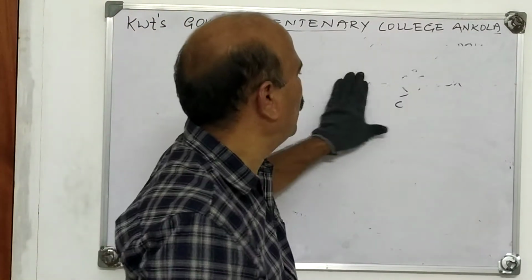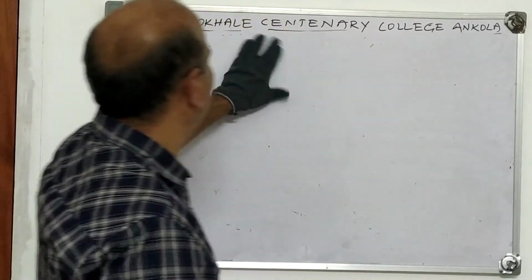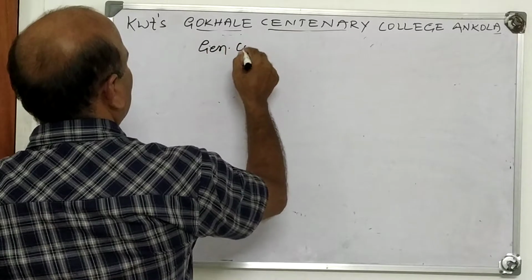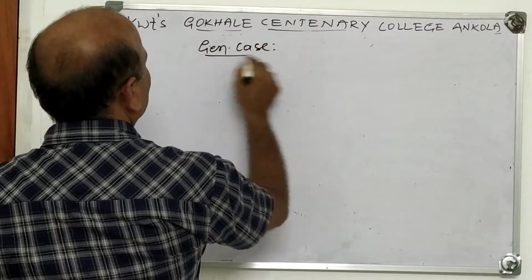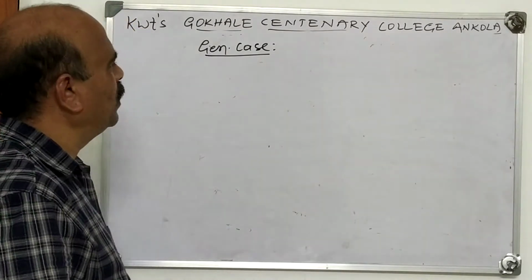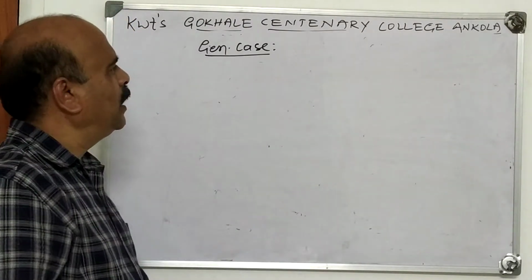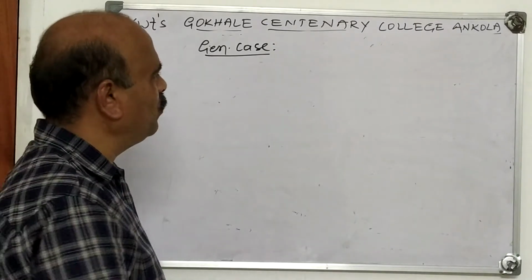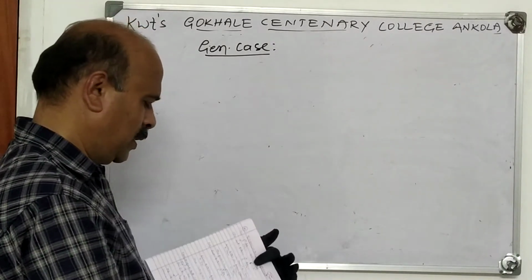Now we consider the next case. It is called the general case. General case means the limits are infinite, and also the function is unbounded. Limits are infinite, function is unbounded.